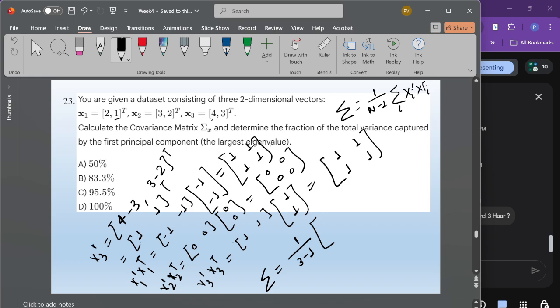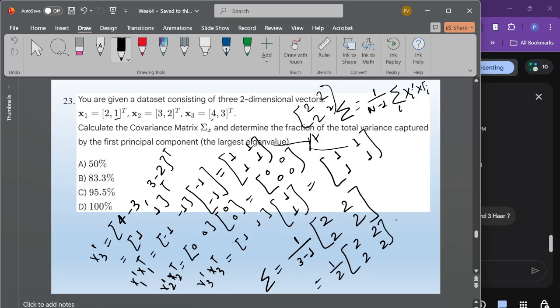If you add these 3, you will get the overall matrix 2 2 2 2, because one is 0, so 1 plus 1, 1 plus 1. Now it is also 1 by 2 times 2 2 2 2, so the overall matrix you will get is 1 1 1 1. So this is our covariance matrix.